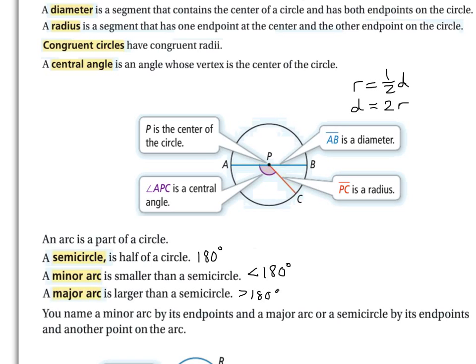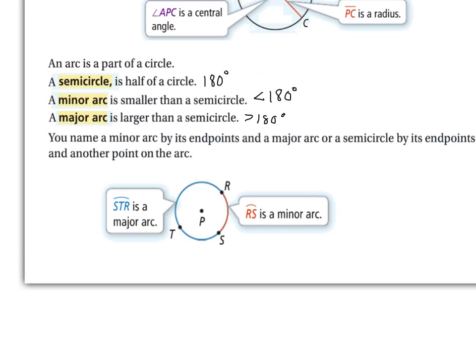Another thing to put down, as you look here at the bottom: arc RS is a minor arc. Minor arcs are always named with 2 letters, and major arcs are always named with 3 letters.